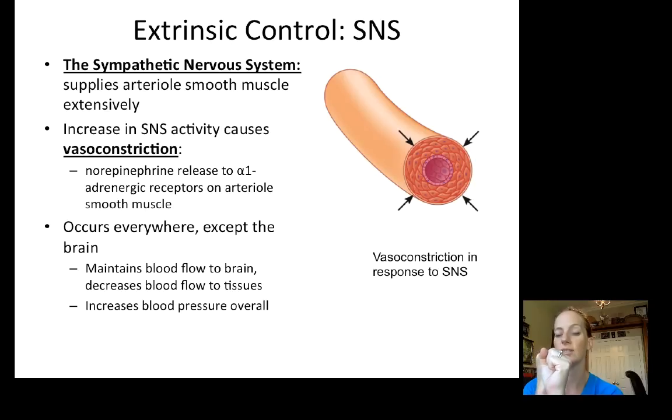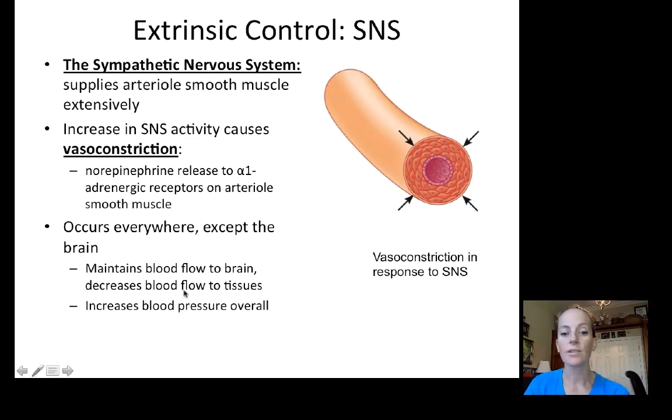Because this is extrinsic, it's going to happen everywhere except in the brain. When you decrease blood flow everywhere by increasing resistance, you're going to basically cut off the blood flow to the tissues that don't need it and maintain blood flow to the brain.